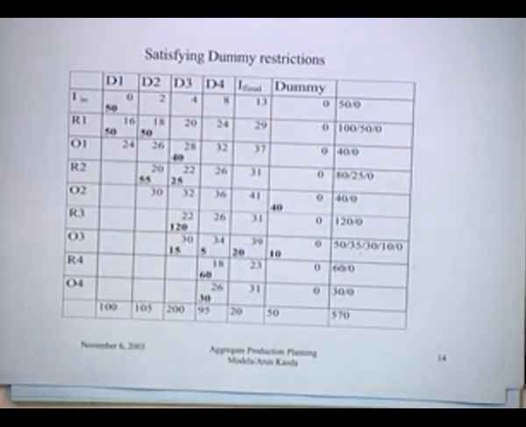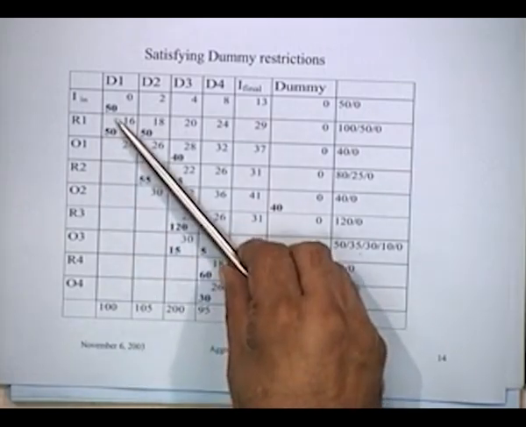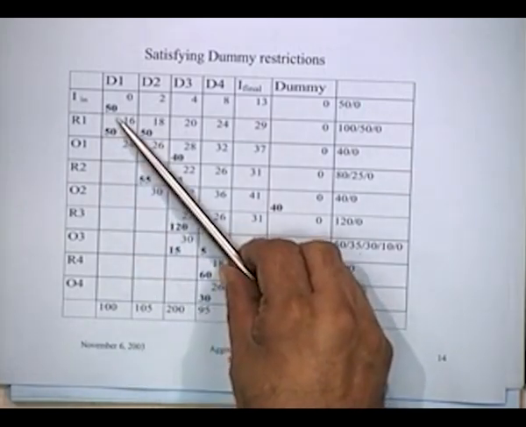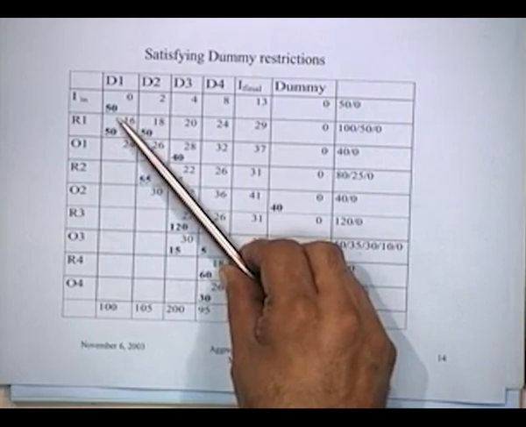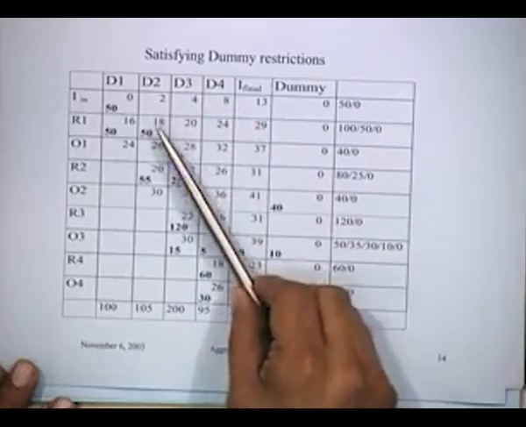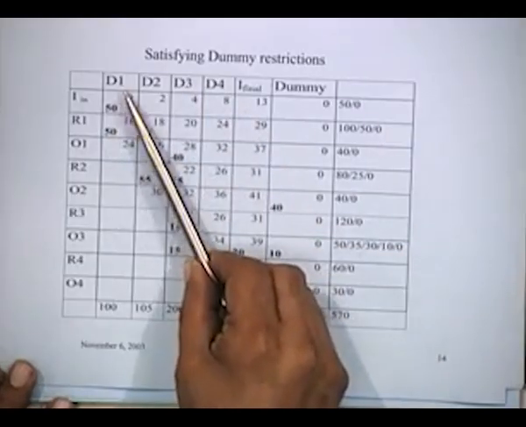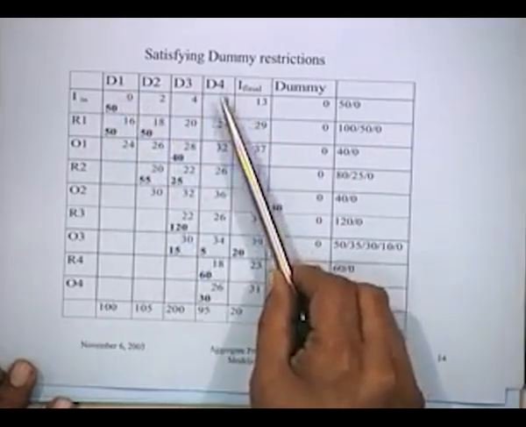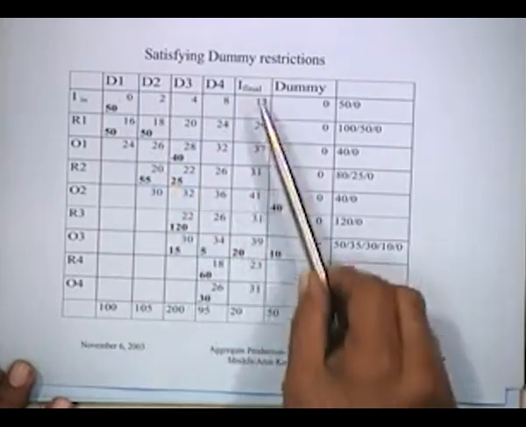Okay, and the interesting thing about the tableau is that on the diagonal it is production in the period and consumption in the same period. On this side you have production in a previous period and consumption later. So these are inventory holding costs added to production.